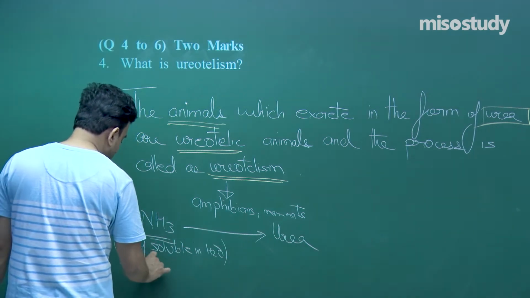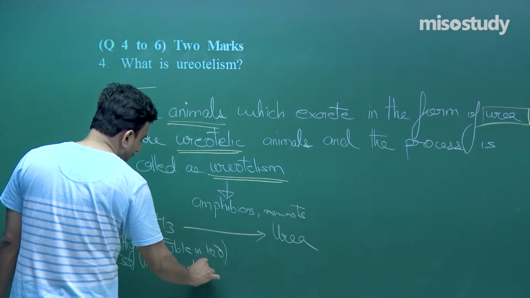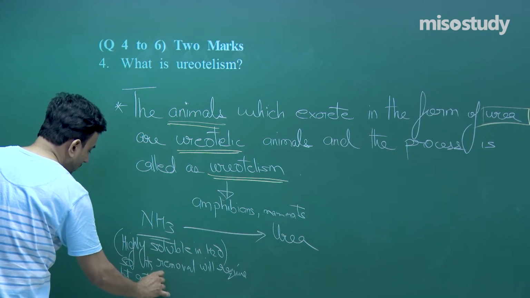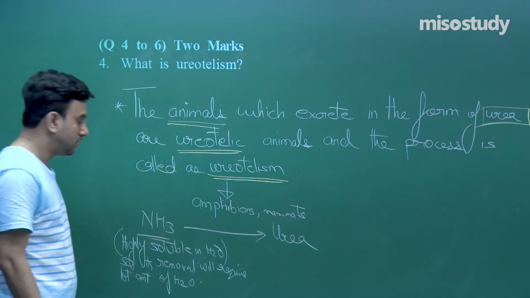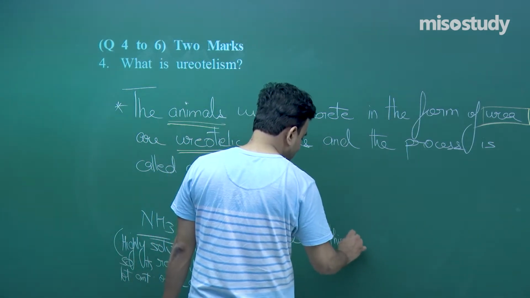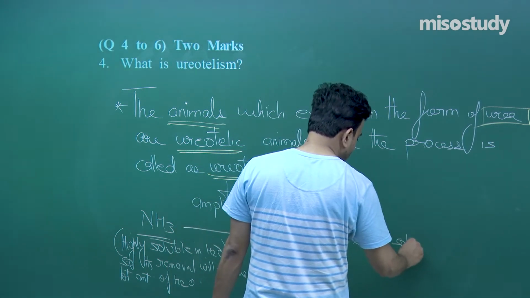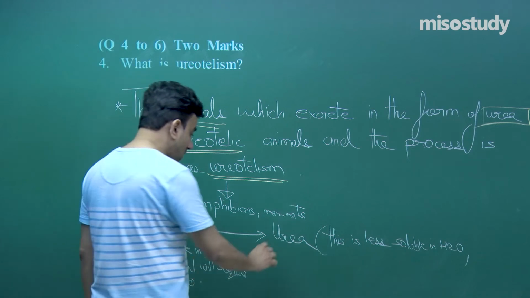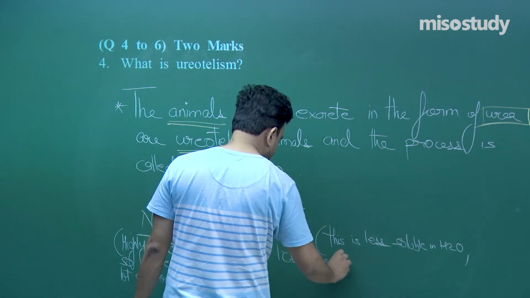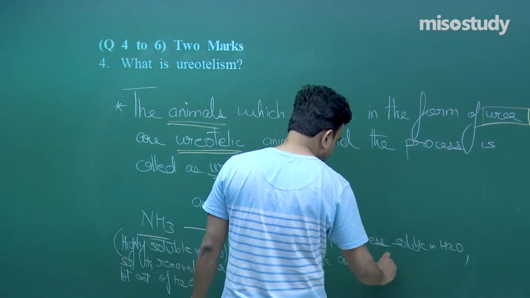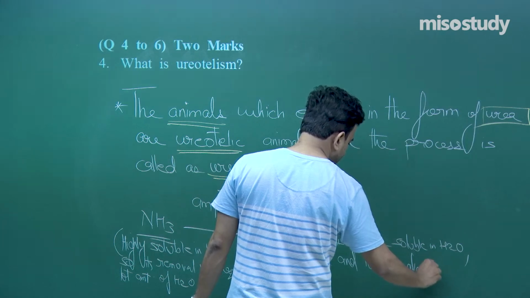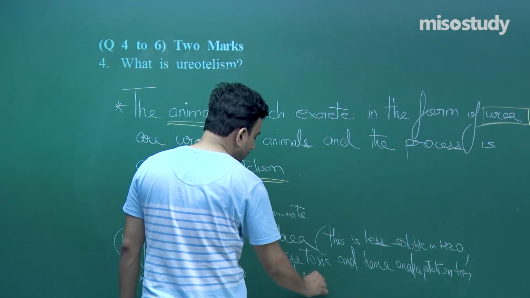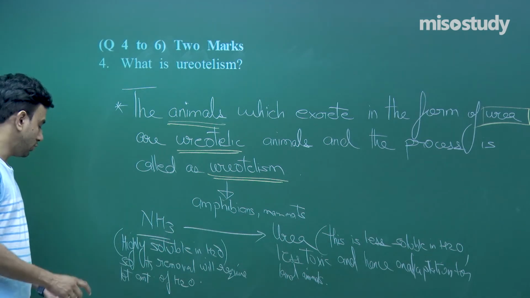However, urea is less soluble in water and less toxic, and hence an adaptation for land animals, and that is why the land animals changed to ureotelism, right.